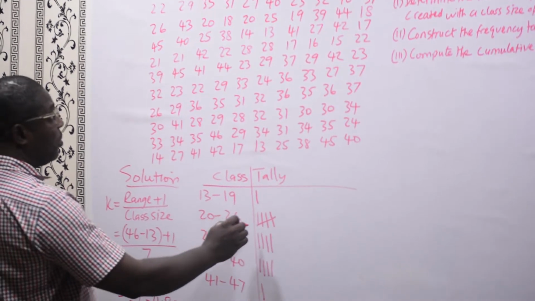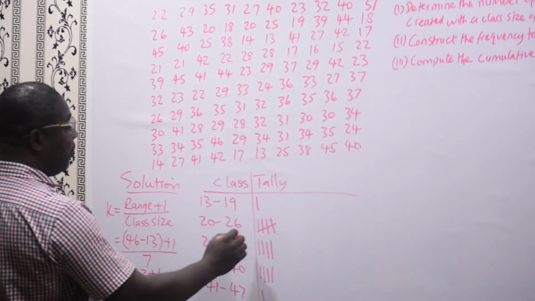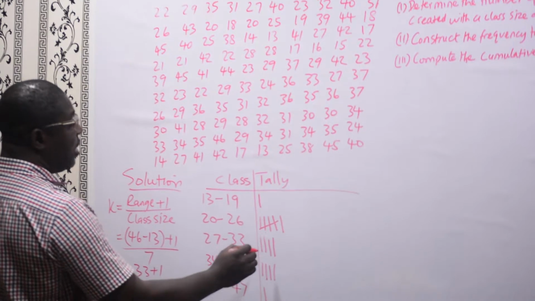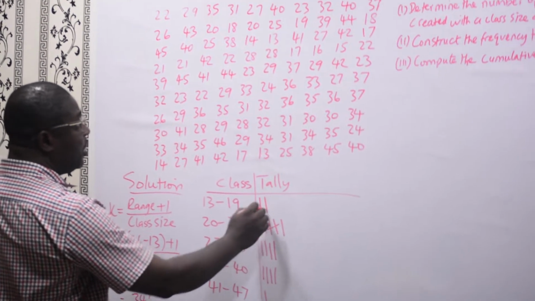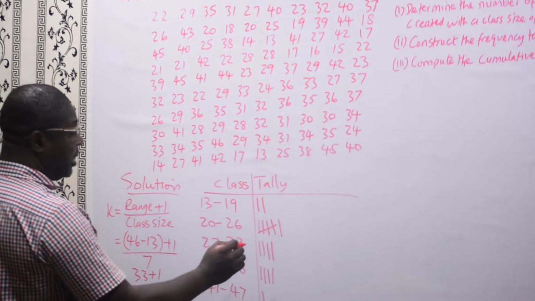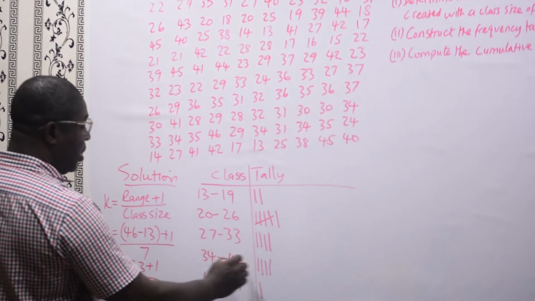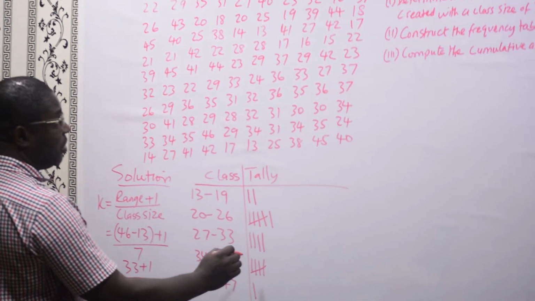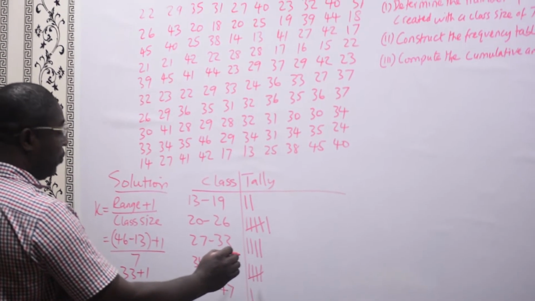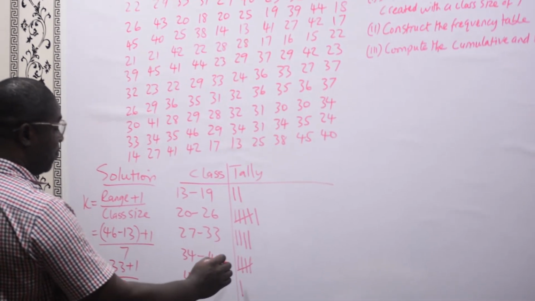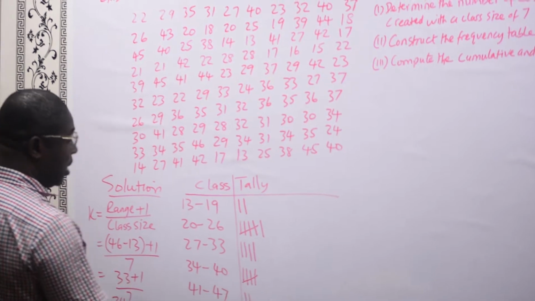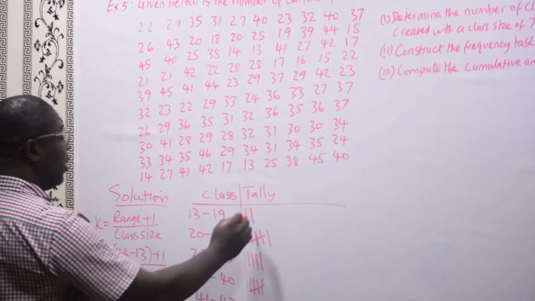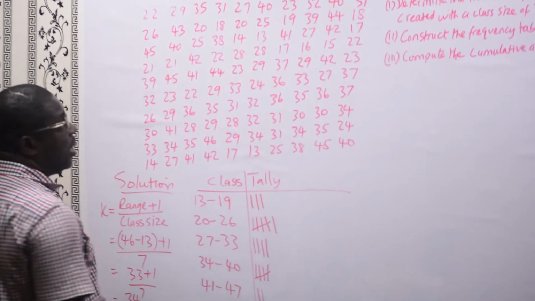So we have 20, then 25 will also be in this class, 19 will be in this class, 39 will be in this class, that's 39 as the fifth count, then 44 will be in this class, and 18 will be in the top class here.